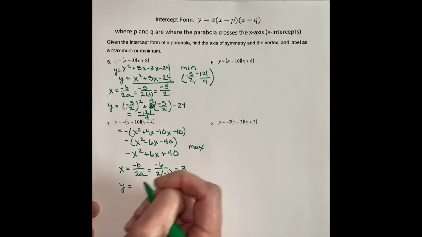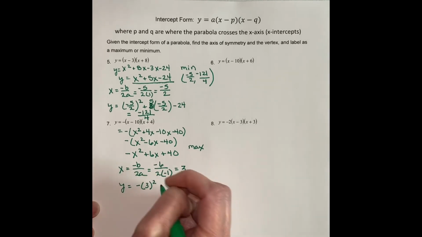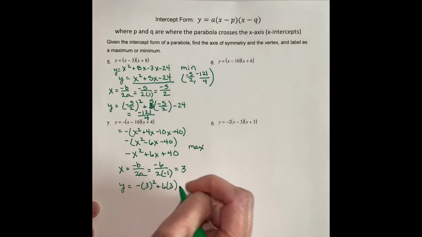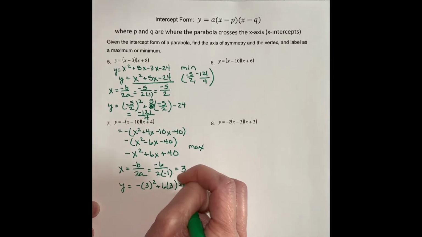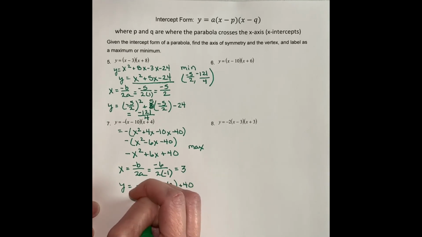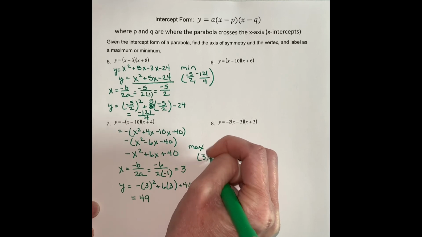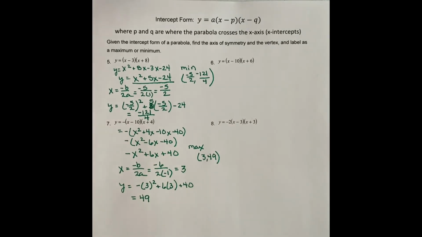And plugging back in, negative 3 squared plus 6 times 3 plus 40. And that will give me 49. So this vertex is at 3, 49. Why don't you try 6 and 8 and then come back and check your work.